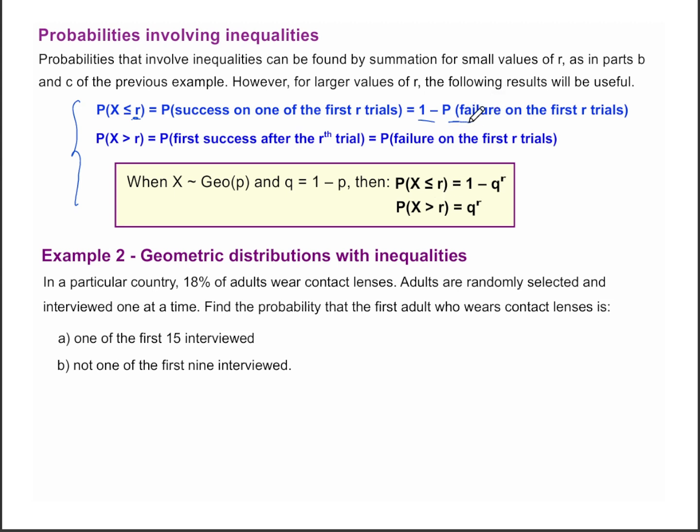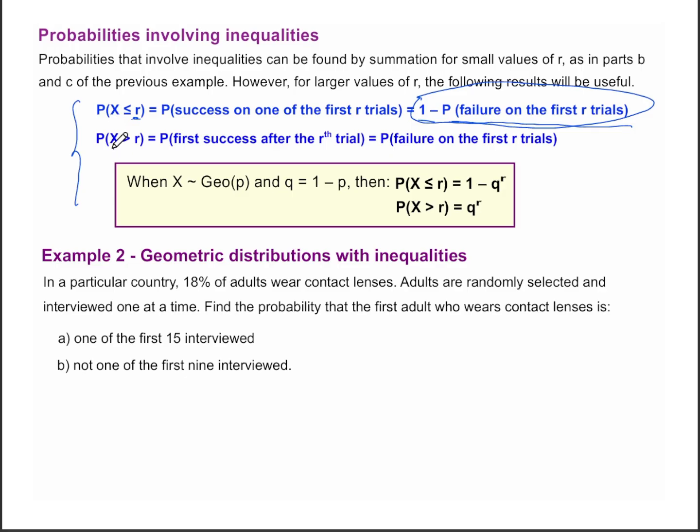Because if you're failing on the first r trials, so in our example in the first 2 trials, and you take those options out by subtracting it from 1, then what you have left with is a success in the first 2 trials, because you are removing the failure in the first 2 trials.